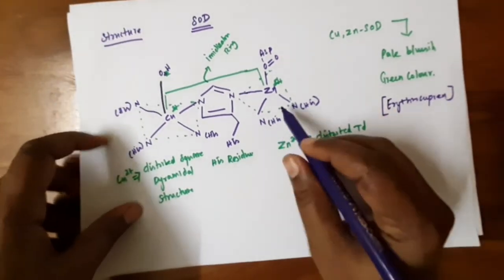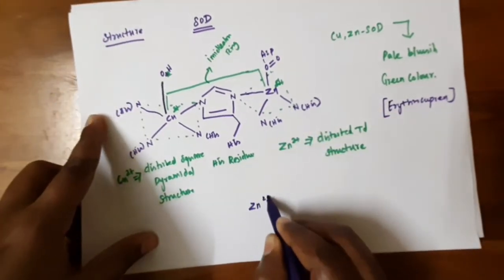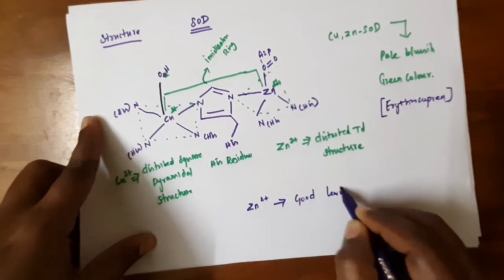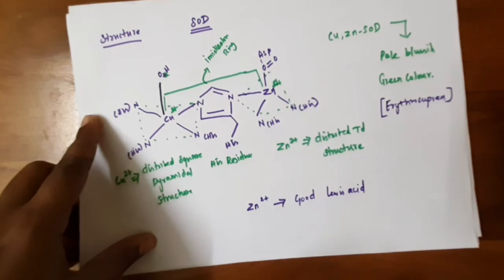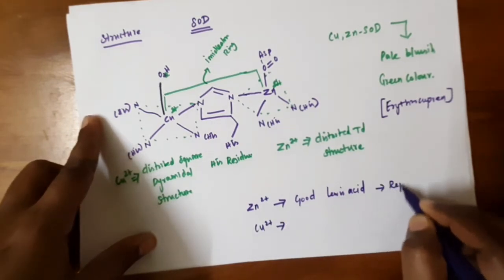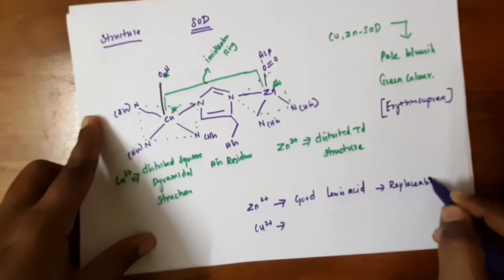Here this zinc 2 plus is a very good Lewis acid which can be replaced by another metal ion.